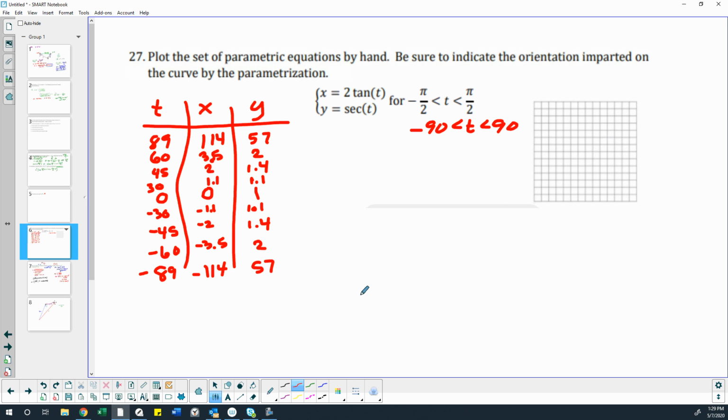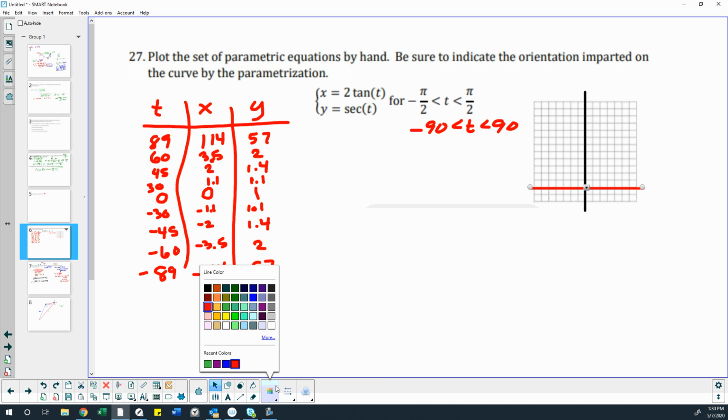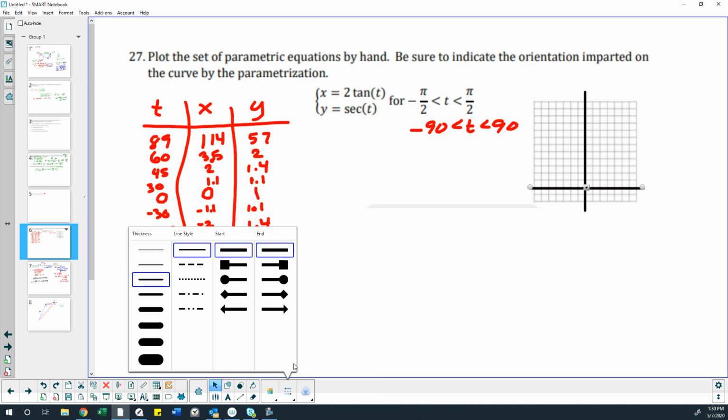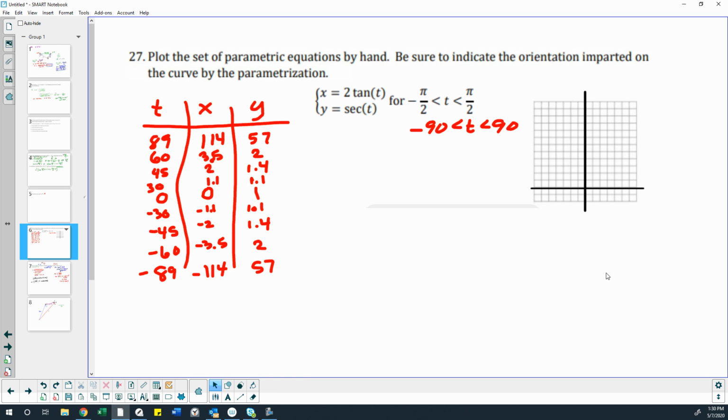Okay, so sketching our graph. Our x values are positive and negative. Our y values are all positive, so I'm going to want that to be a black line. And then let's drop in these points.